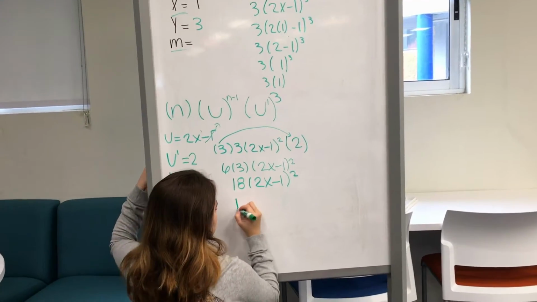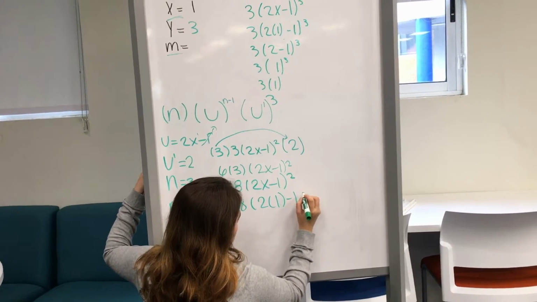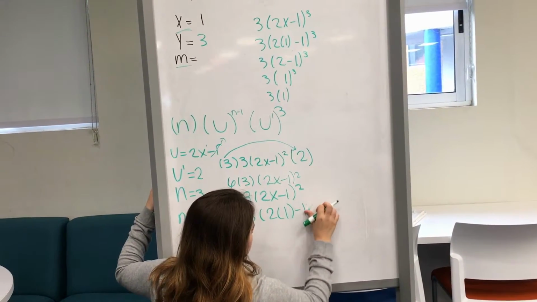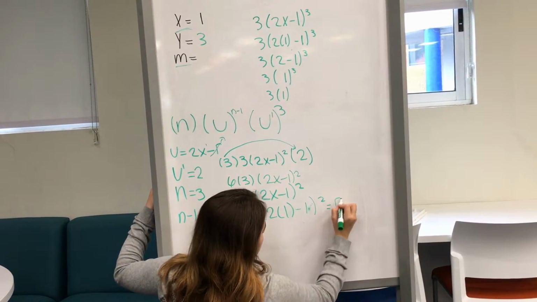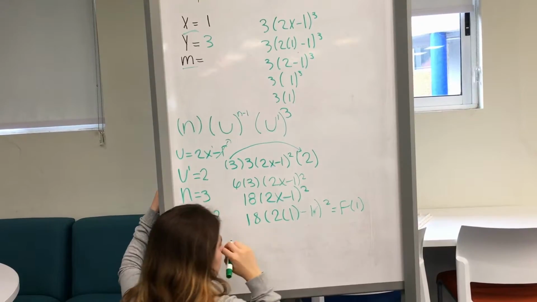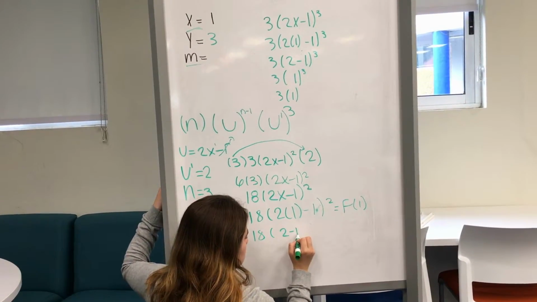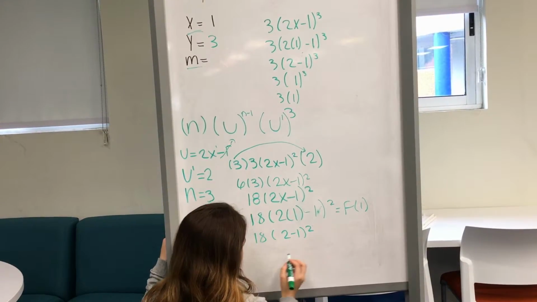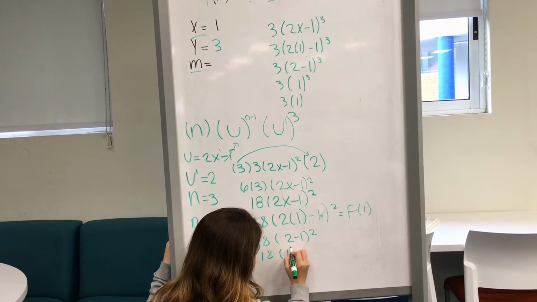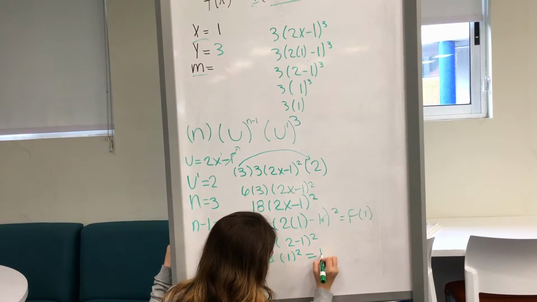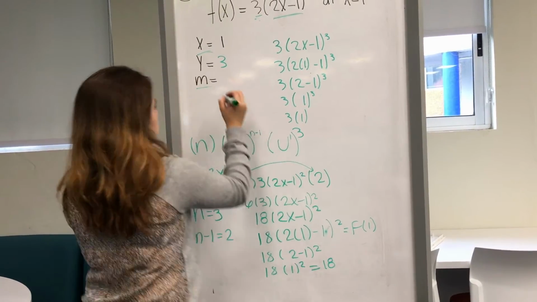So it would be 18 times 2 times 1 minus 1 squared equals f prime of 1. And this gives you 18 times 2 minus 1 squared, and then it's going to be 18 times 1 squared, and this gives you 18. So your m is equal to 18.